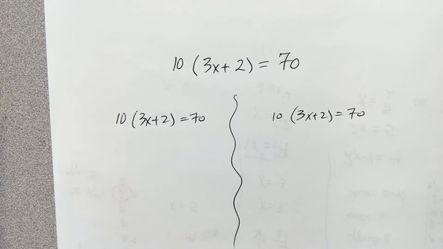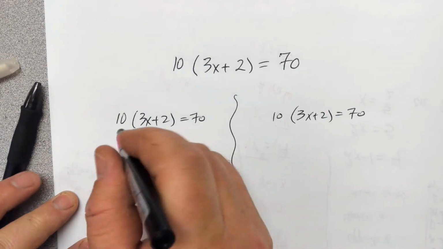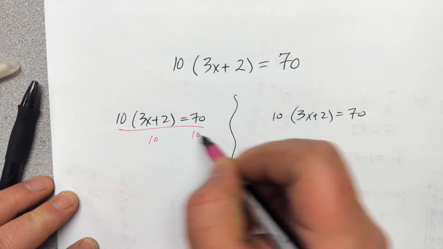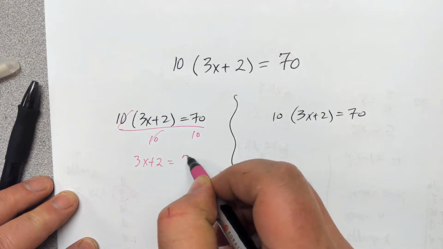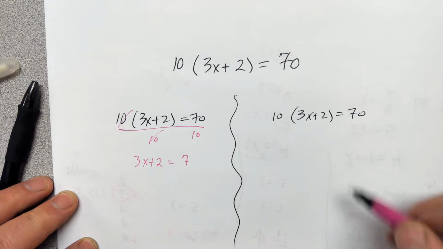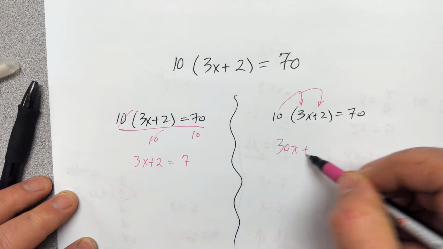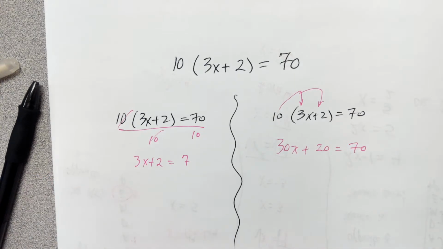We could do the easy way and divide both sides by 10. Like that. So I divide this side by 10, those reduce, and I'm left with 3x plus 2 equals 7. Or I could distribute: 30x plus 20 is 70. And you're going to get the same answer.